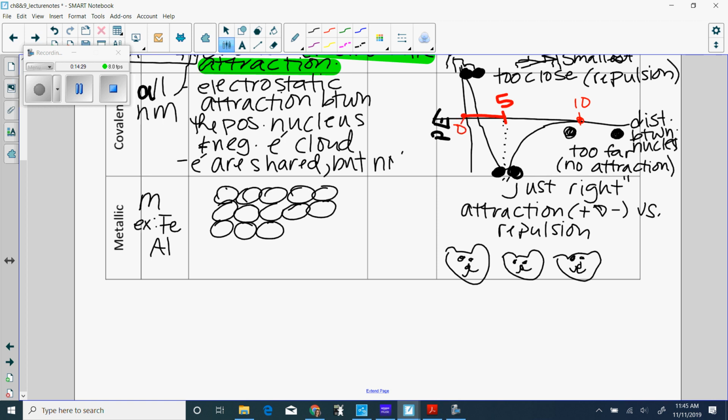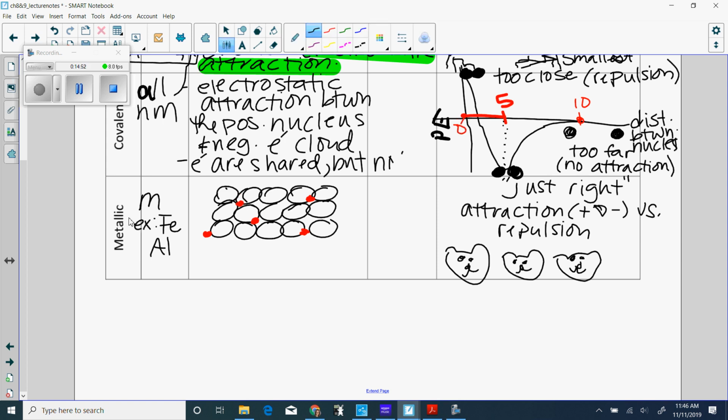So these are metal atoms. And the metal atoms, all of them, all share each other's electrons. So the electrons do not any longer belong to a certain atom. They're all just pooled and then shared among all of the atoms. Okay?